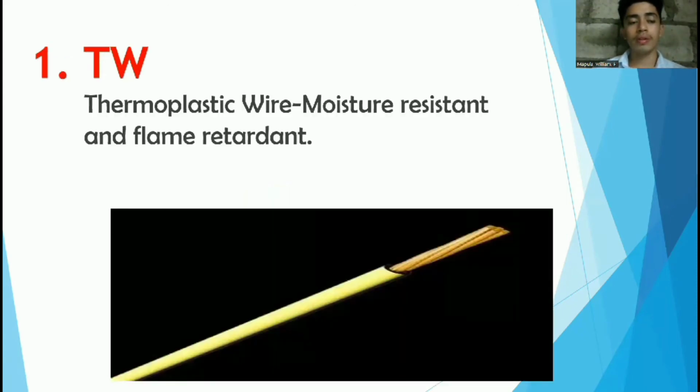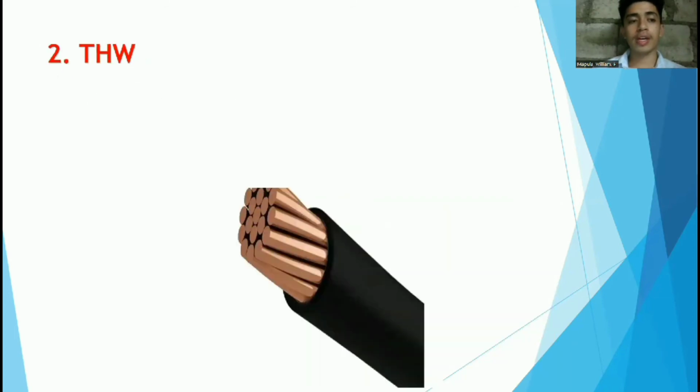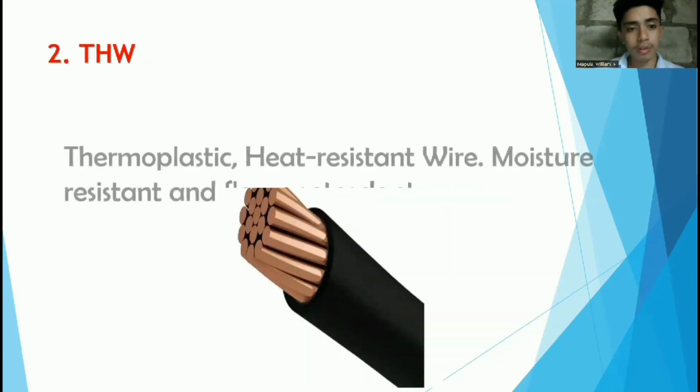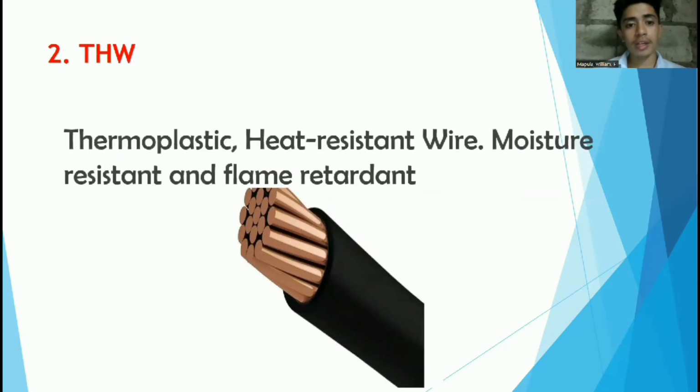From number 1, TW, nag-add lang ng H or pwede natin siyang tawagin na yung H na yan is heat resistant. From number 2, mas gumanda na yung wire or mas maganda siya sa number 1 na TW. Kasi ito ay thermoplastic heat resistant wire or hindi kaagad umiinit yung wire na to.